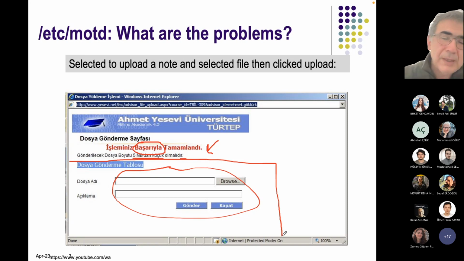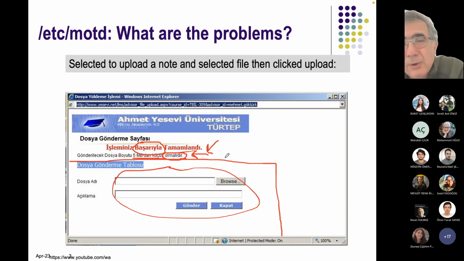And also the message is not green, but it is red. You have to make the file size smaller than 5 megabytes. So that is understood as an error, and the person tries to upload the same file again and again because it's very difficult to understand what it says.